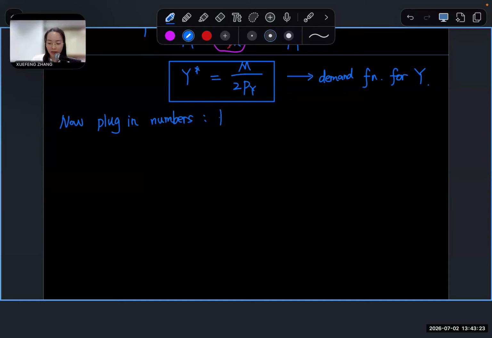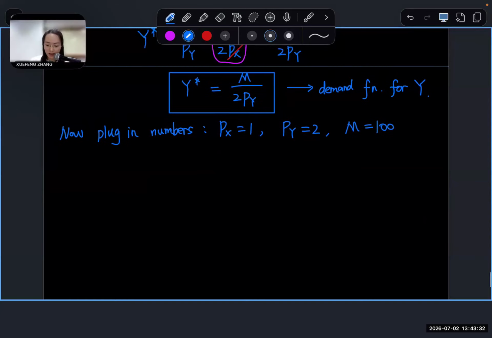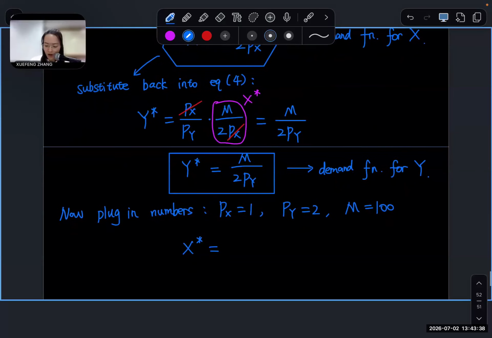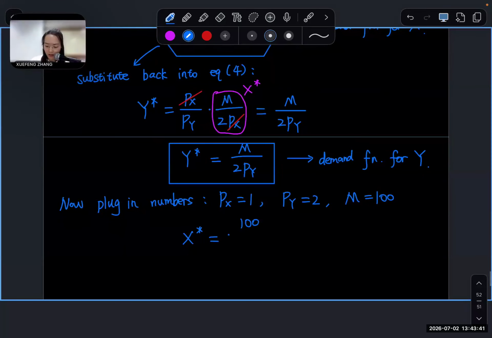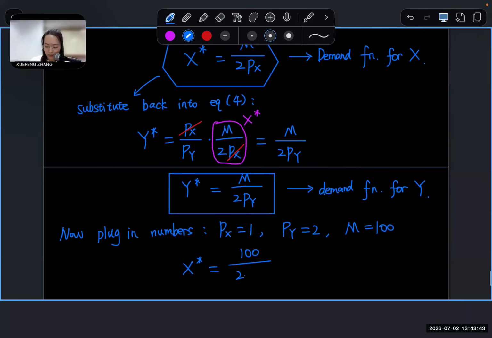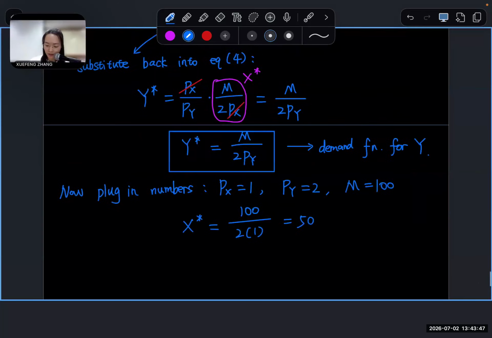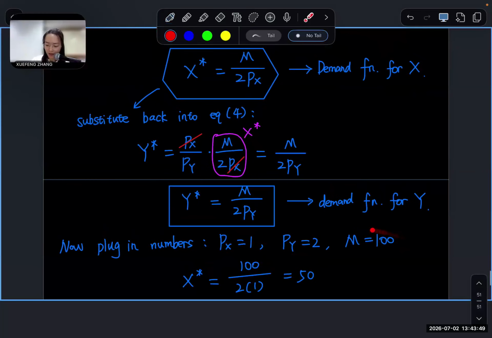What do we have? Price of x equals 1, price of y equals 2, income equals 100. Okay, so let's plug in: x star equals 100 over 2 times 1, equals 50. You just plug numbers into x star and y star, you will get the answer, okay?